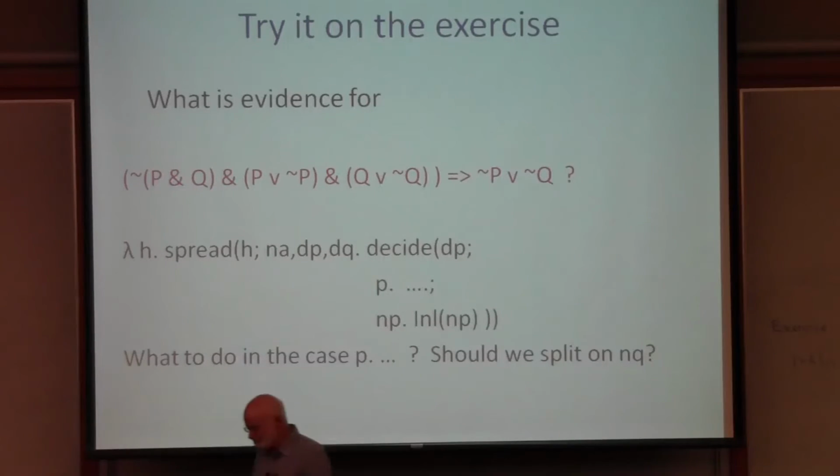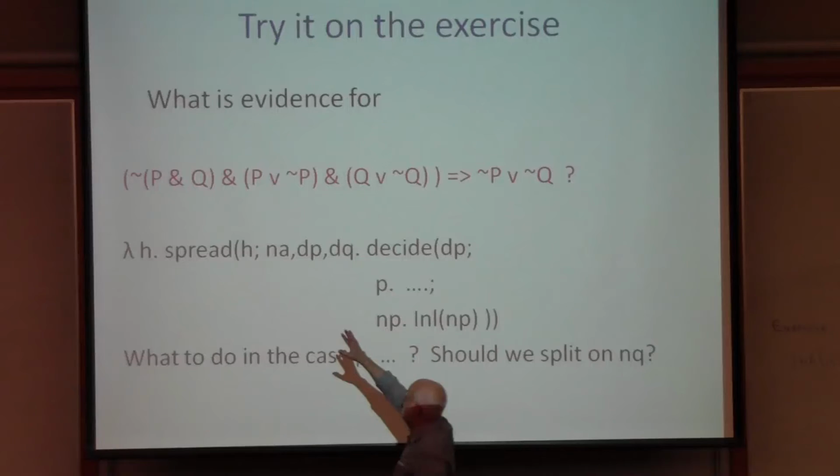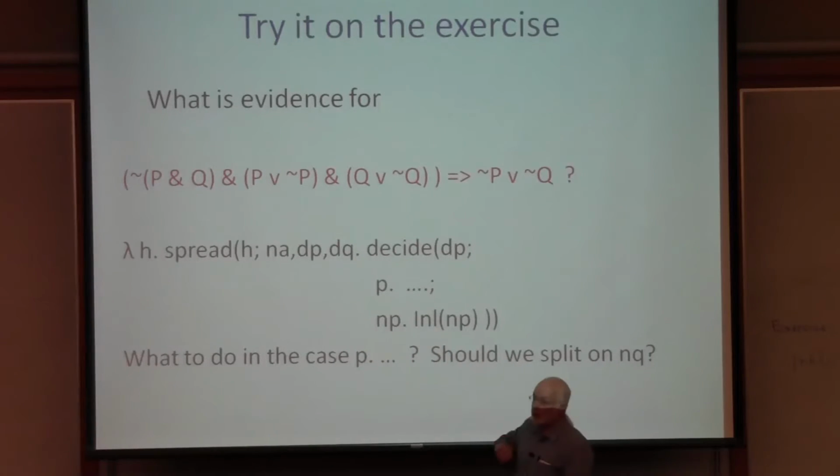Okay, so here's how you should have all gotten started anyway. You say, well, look at the structure of this thing. It's an implication. A big conjunction implies a disjunction. So you're going to have a hypothesis here, lambda h, to start, because every realizer for an implication is a lambda term. So there it is, lambda h. Now what is h? It's something that's a realizer for that big conjunction of three components.